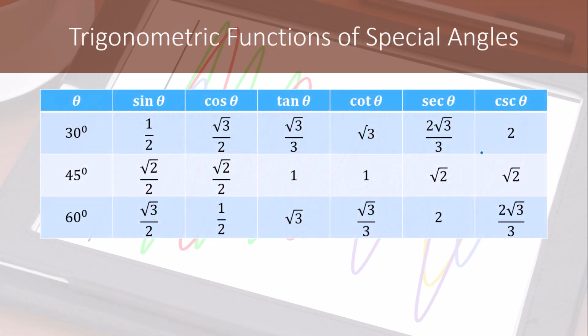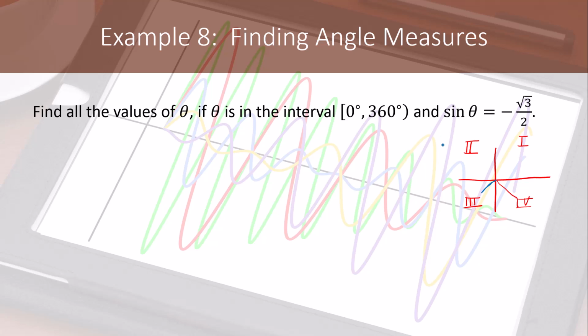Now, if we go to our table, we will notice that the square root of 3 over 2 occurs when the angle is 60 degrees, when the sine of 60 degrees is square root of 3 over 2, and that actually is our reference angle. That tells us that theta prime is equal to 60 degrees. That means that this angle right here is 60 degrees, and that this angle right here is also 60 degrees.